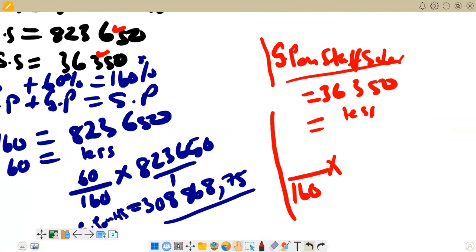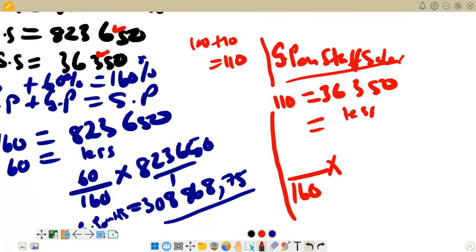So here we are saying the figure that we have is representing 100. It's representing 110. Remember, we have 10% as the markup for staff sales. So we are saying 100 plus 10 to get 110. So this 110 is 36,350.